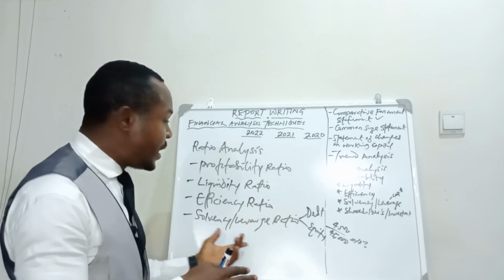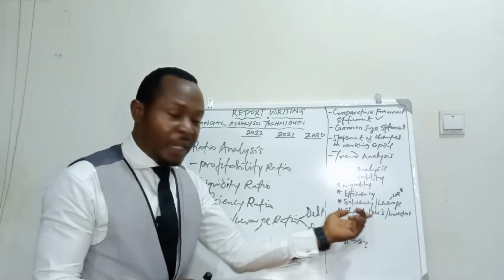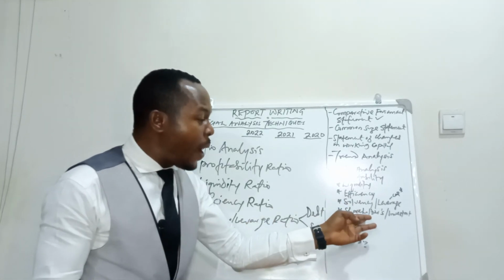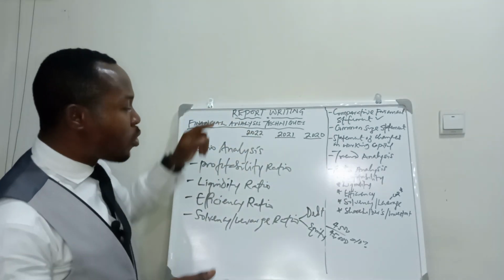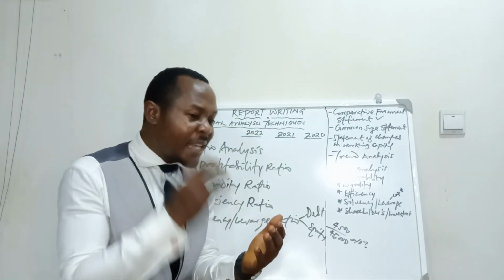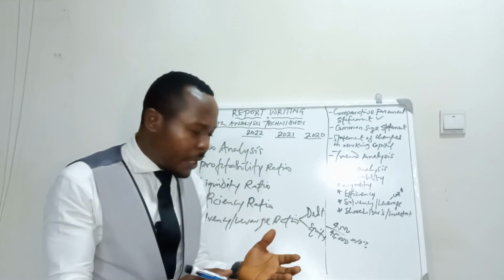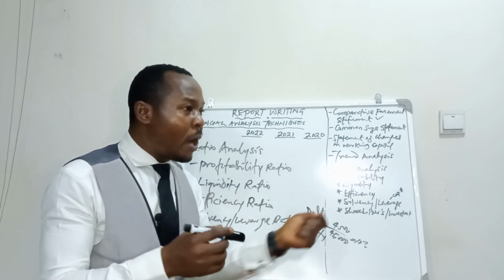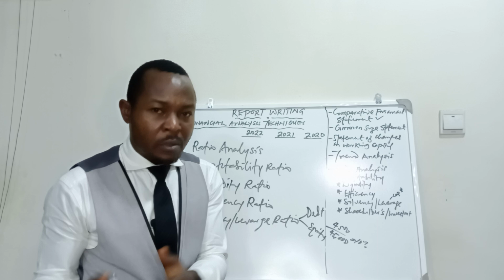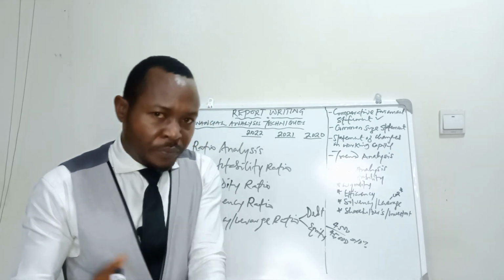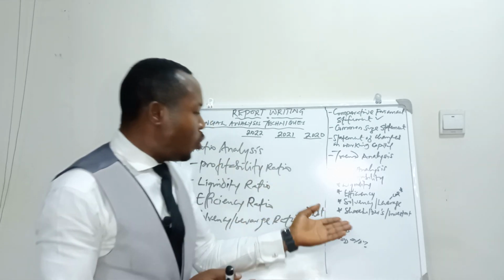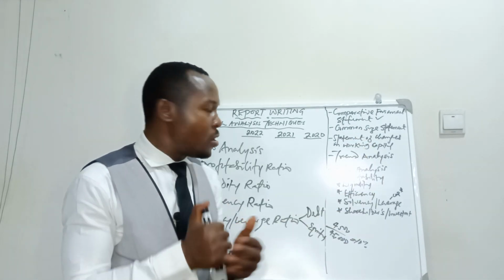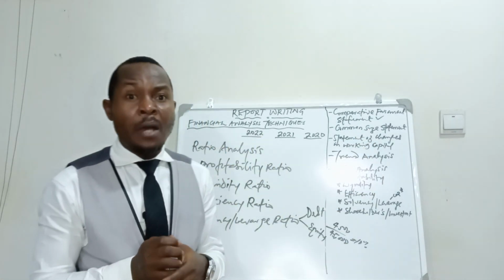If you are doing report writing, you must let us know that in terms of investment, entity so and so is doing well, or is not doing well, etc. That is how to use some of these things as tools for analyzing your financial statement.